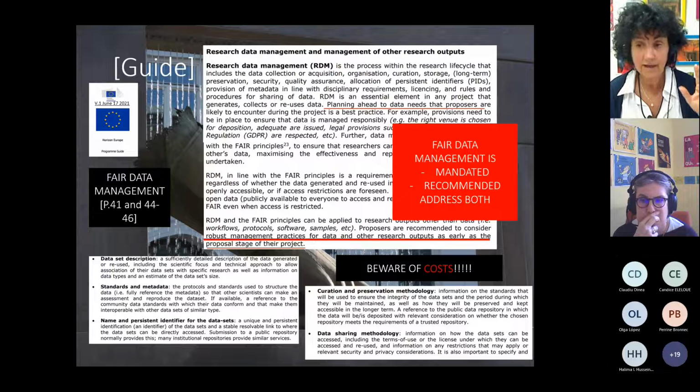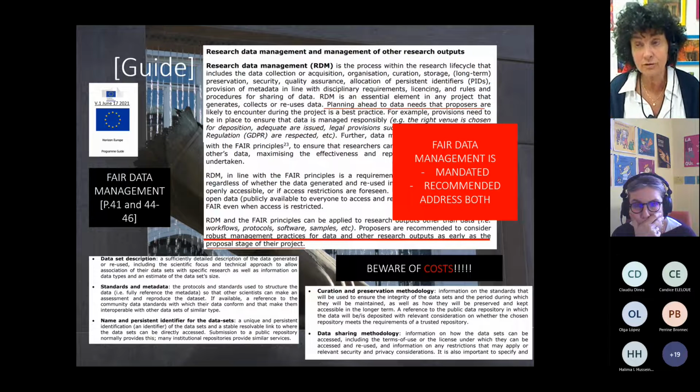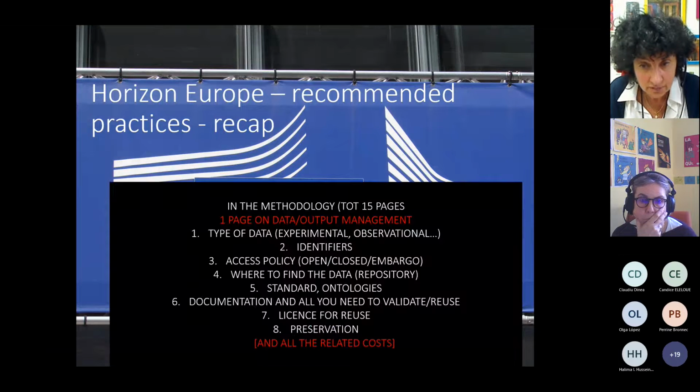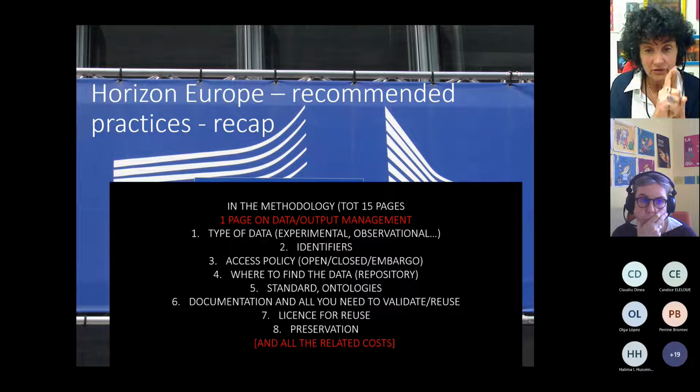And again, FAIR management of research outputs is mandated. It's mandated, and it's recommended for all the other outputs which are not data. So address both in your proposal, because in the methodology, you have another page. So 1 page is on open science mandatory and recommended, and 1 page is on data and output management.